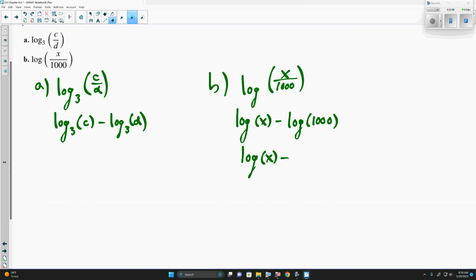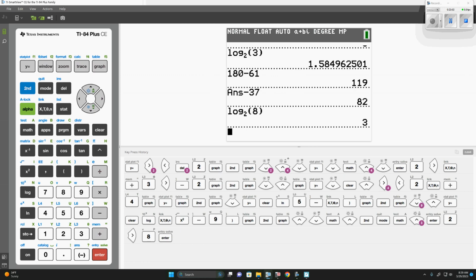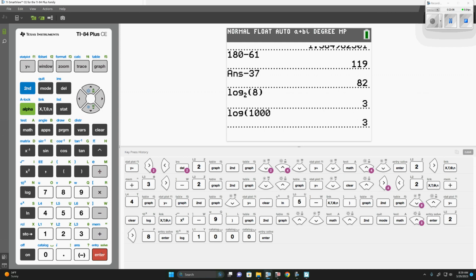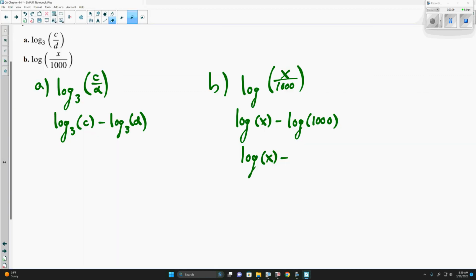Does anybody have a guess at what it's going to be? 3? It is. Log of 1,000 is indeed 3. So we have log of x minus 3. Questions on this here?